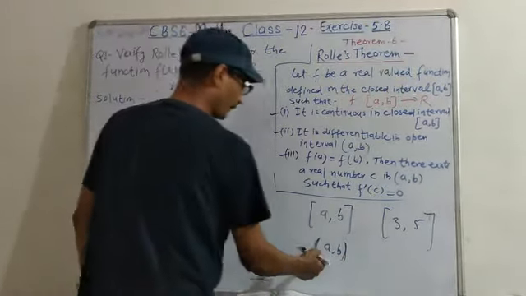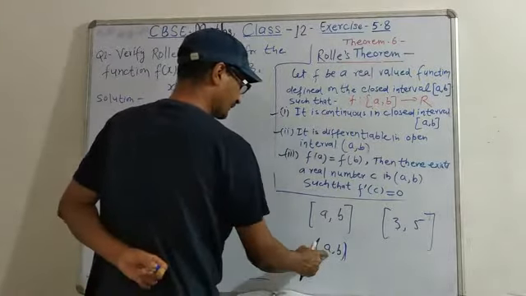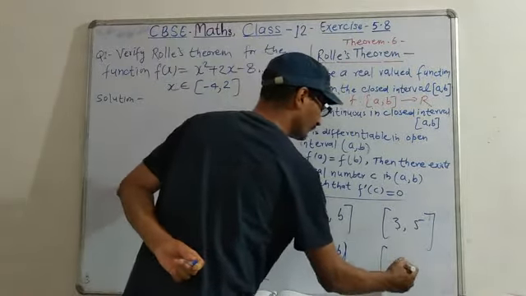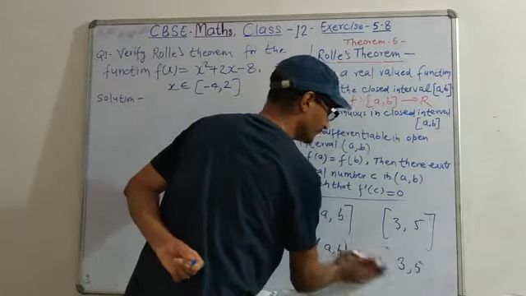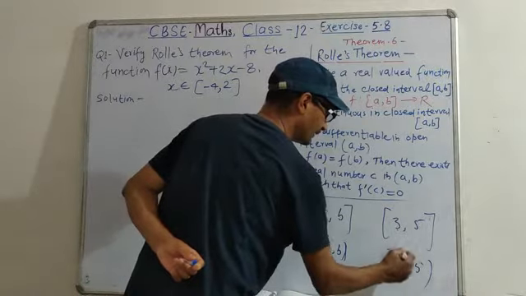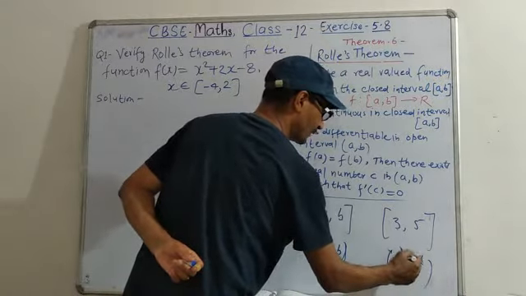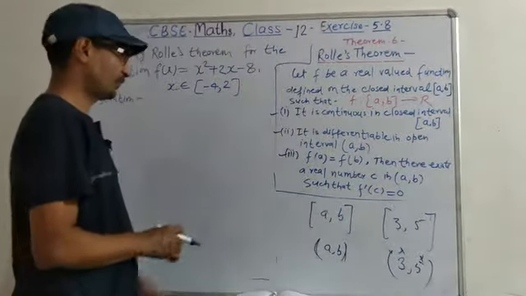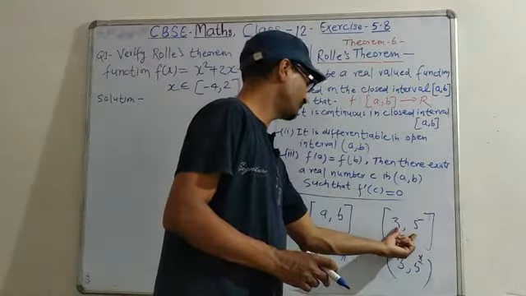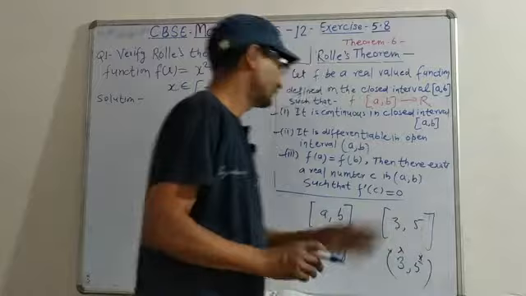That means take some value between a and b. If it is 3 and 5, then open interval means we will not take 3 and 5, we will take a value between them, like 4. That is the open interval. Closed means we can take these two values and also the values between.